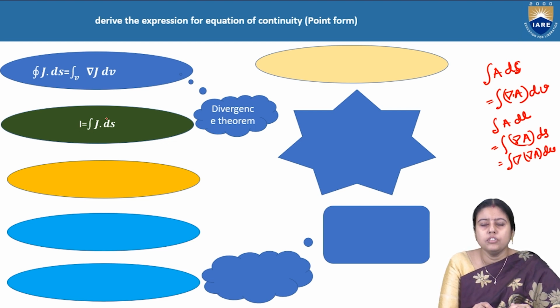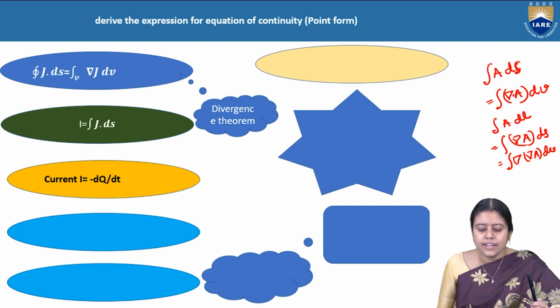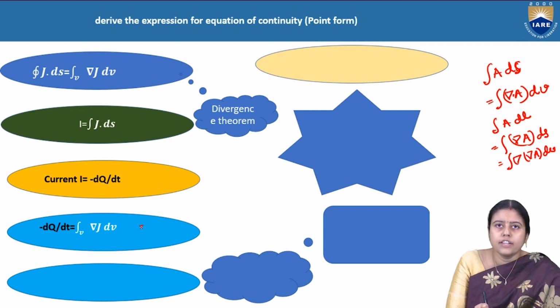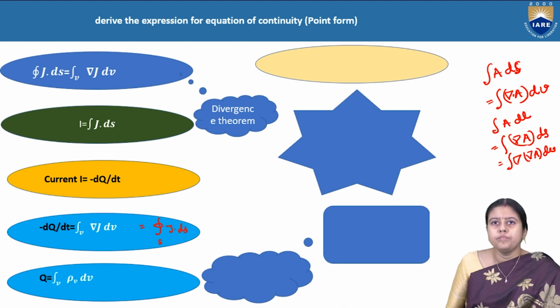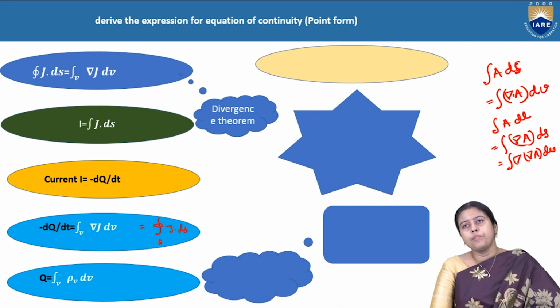I is equal to the integral of J dot ds, that we already know, and current is equal to minus dq by dt. So minus dq by dt, which we already got in the integral equation, is equal to J dot ds in a closed path, which can be written as the integral of grad dot J dv. What is q? Q is nothing but the integral of rho v dv. I already discussed this in the previous slides.